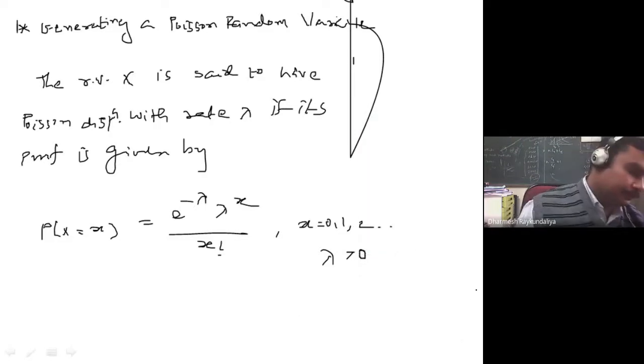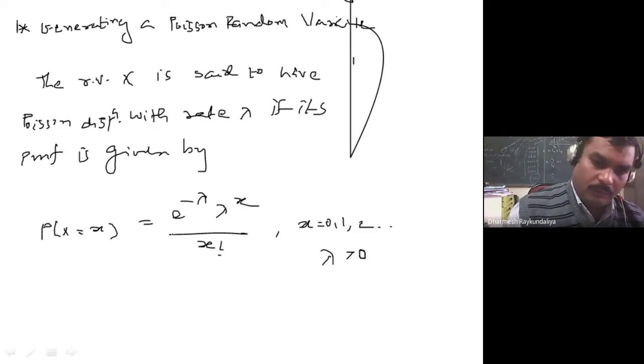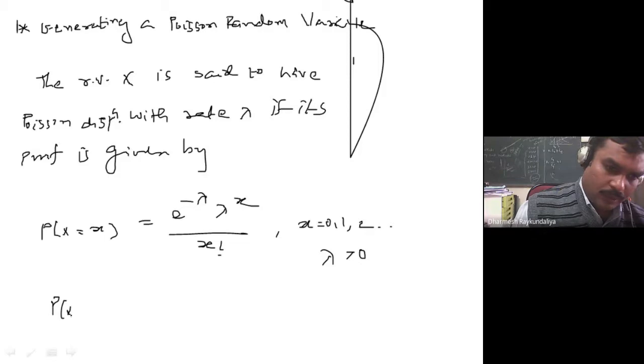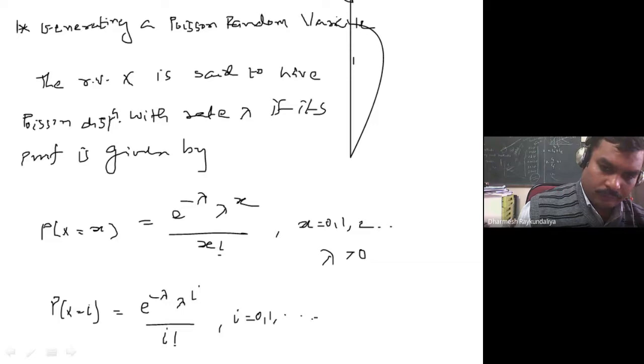Or in the form of i, if you wish to write, probability of x equal to i is e raised to minus lambda, lambda raised to i upon i factorial, i takes values 0, 1, 2, up to infinity, and lambda is greater than 0.